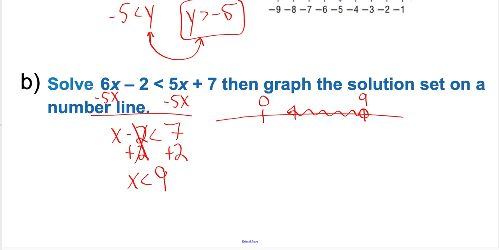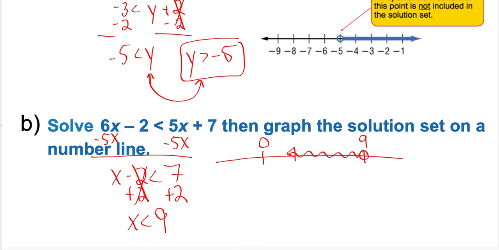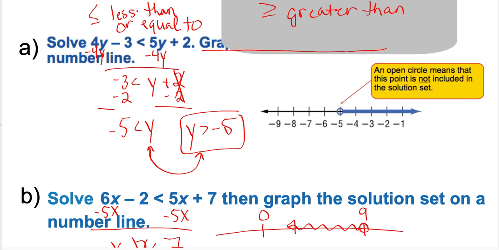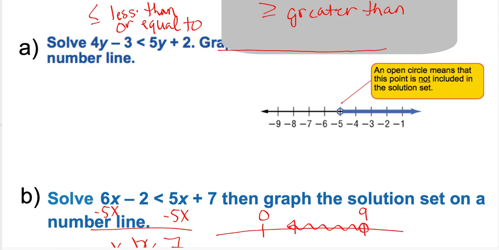Before we jump to the other examples, we didn't use the multiplying or dividing by a negative thing on either one of these examples, okay? So I'm going to go back to this one and show you the way that I would prefer to do it, because I think a lot of people are going to graph this wrong, okay? I see a lot of kids make the mistake where they're graphing that wrong.